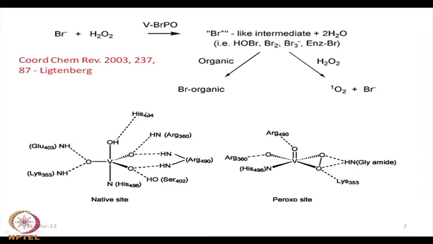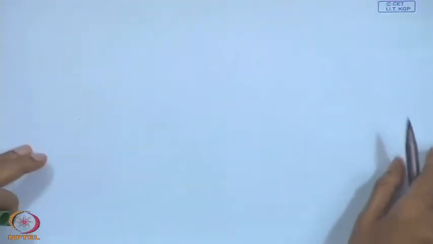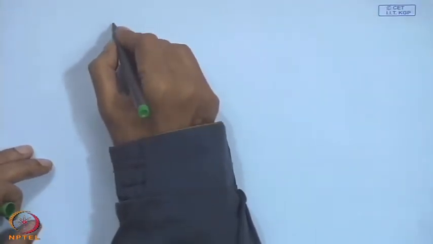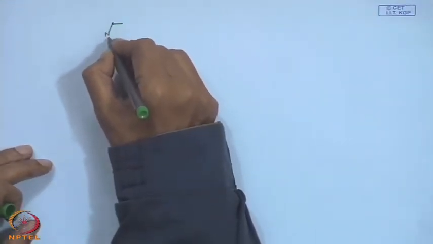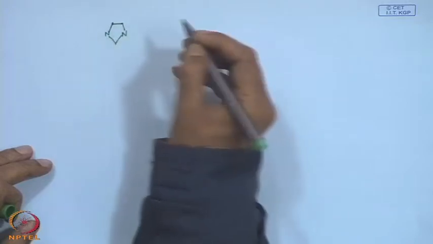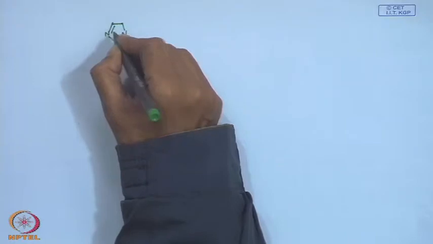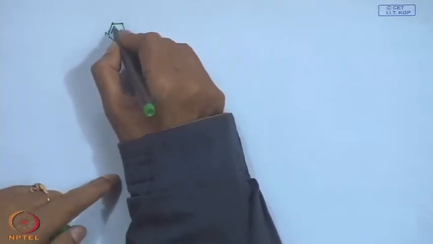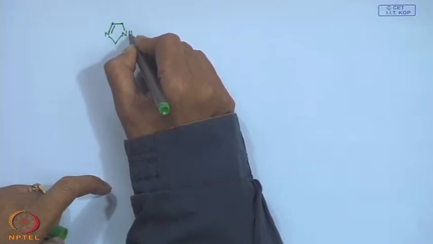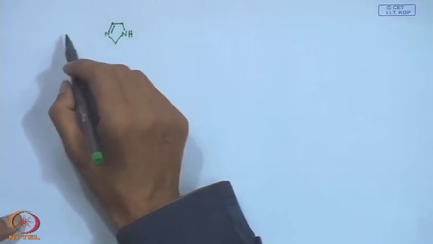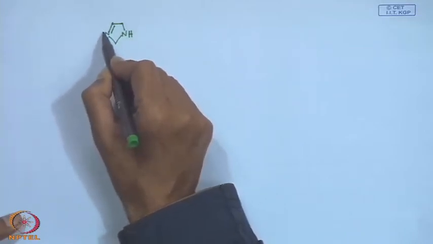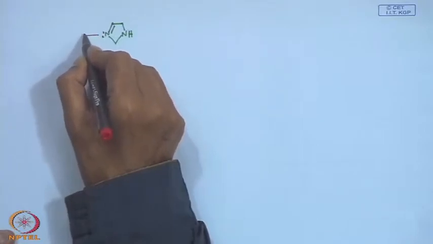So, as we all know, in histidine we have that imidazole side chain, and this imidazole side chain has one tertiary nitrogen and one NH. This nitrogen with a lone pair of electrons most of the time can bind our iron site.